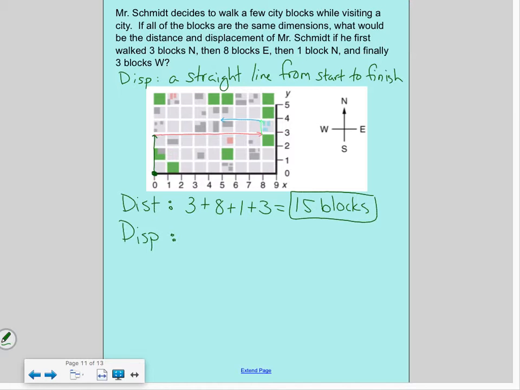Or, if you were smart, you'd add all these up and find exactly where you need to go without walking all the separate steps. You just walk one step, and then you're there, and you could beat the people trying to travel the whole distance. So a lot of people are going to travel 15 blocks. What we're going to do is travel from here directly to here.